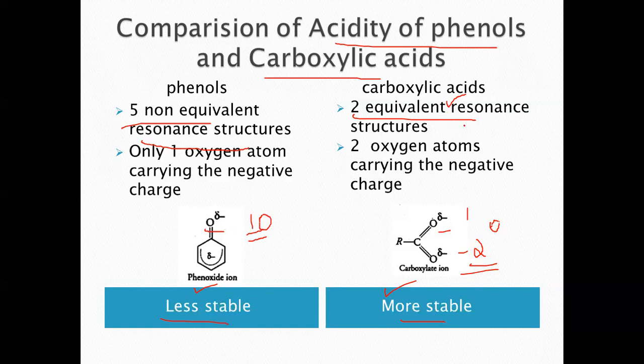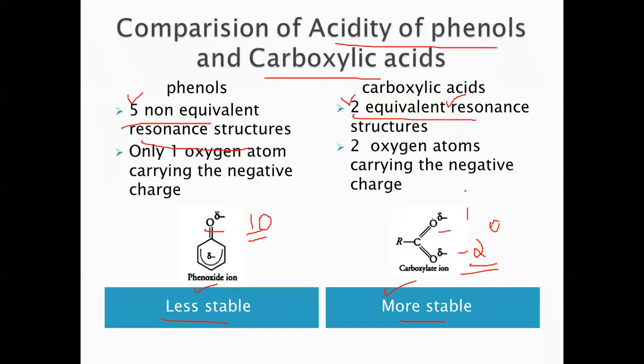The molecule having equivalent resonance structures is more stable than that which is having non-equivalent resonance structures. Even though it has 5, it is less stable because the resonance structures which are possible for the carboxylate anion are equivalent here.